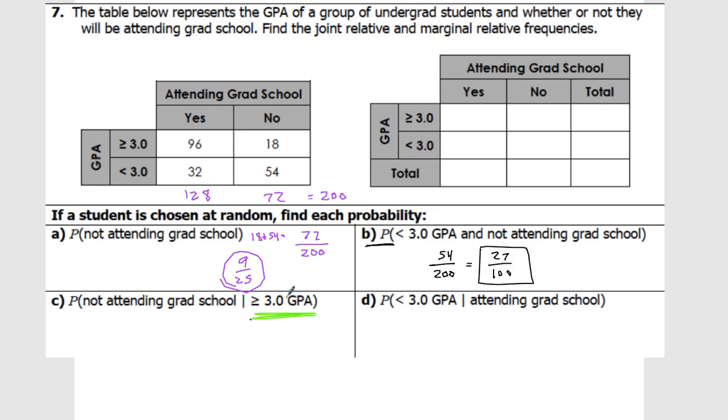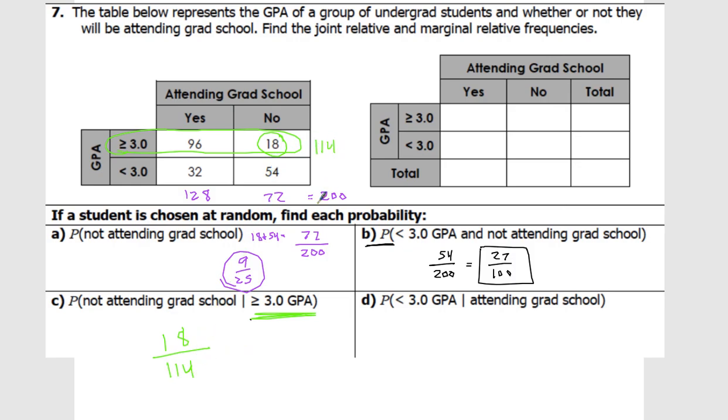So only out of these, what are the chances of not attending grad school? Well, the not attenders are 18. So it'd be 18 out of the total number of greater than 3.0 GPAs, which is 96 plus 18. That's 114.